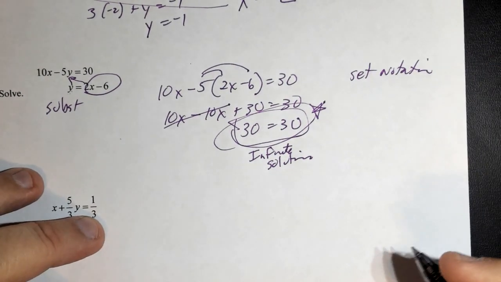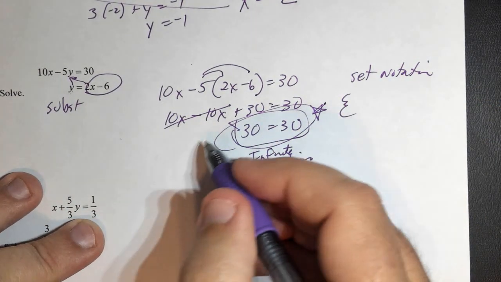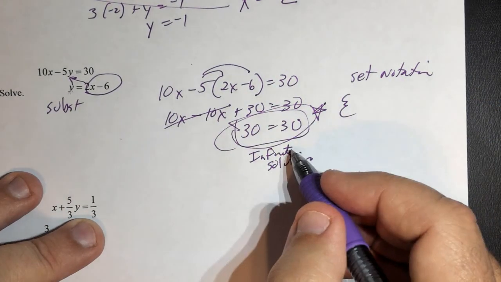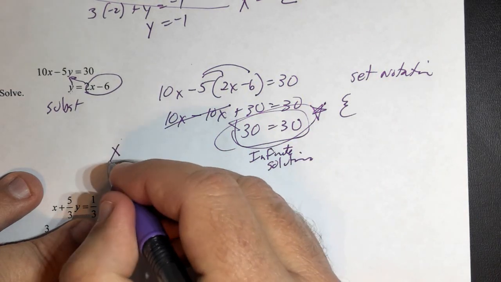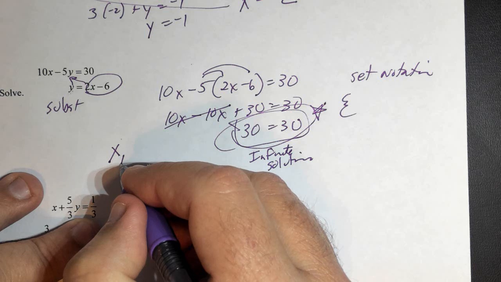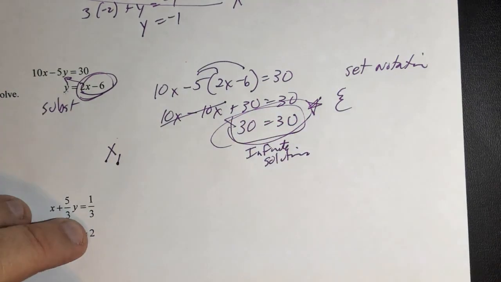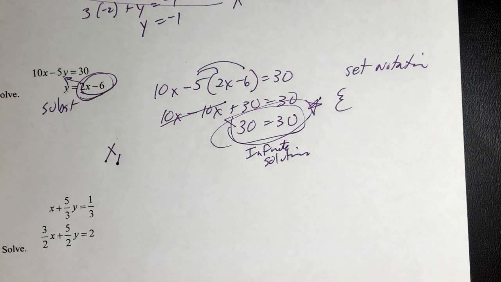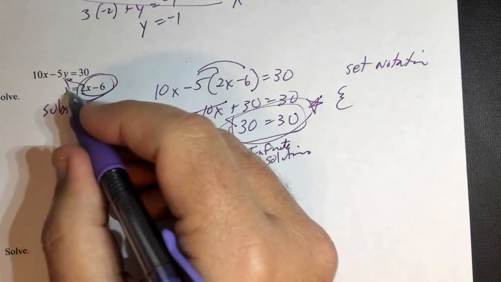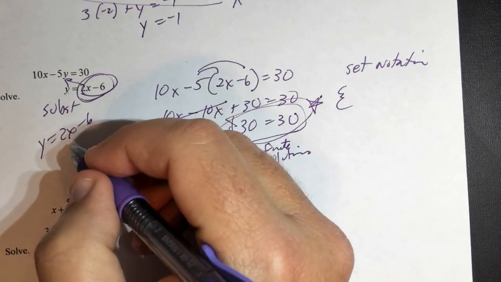Okay, and the way it's going to get written is as follows. We're going to take this means infinite number of solutions, which means for whatever x value I plug in, we're going to get the same y value every time, which means we're going to get this right here. Whatever this line is, it's always going to be 2x minus 6. This is the line we're going to use.